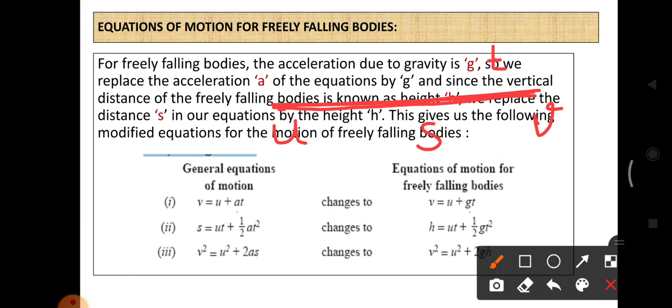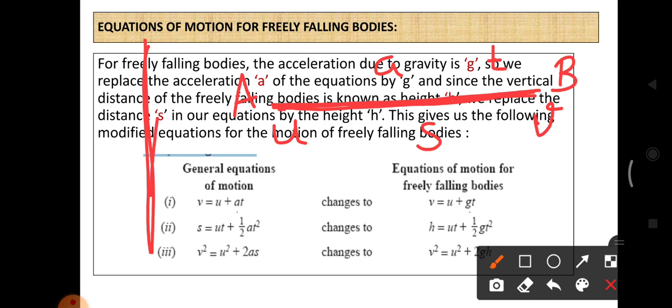When it is travelling from point A to B, the acceleration a will be involved.